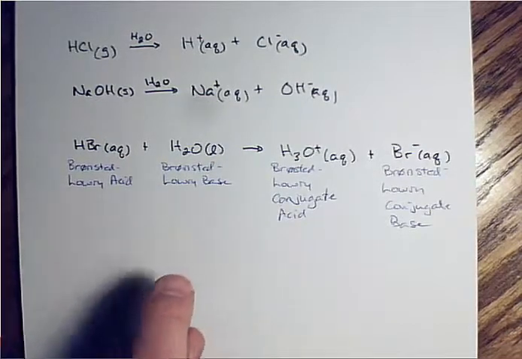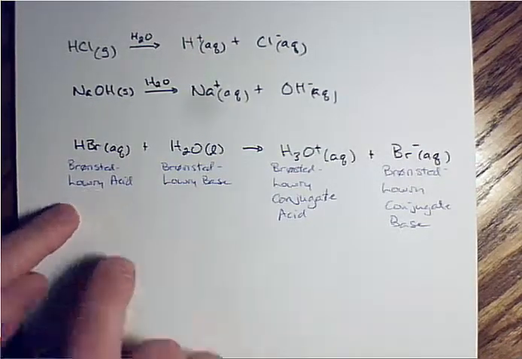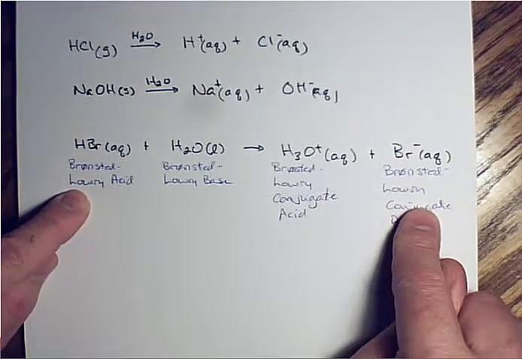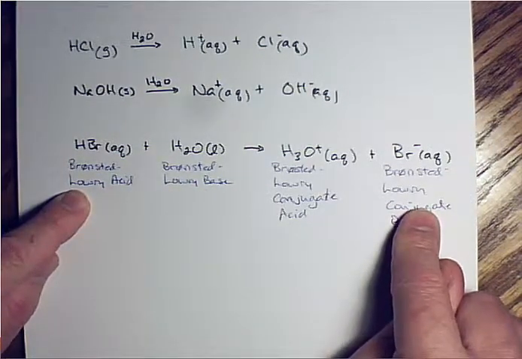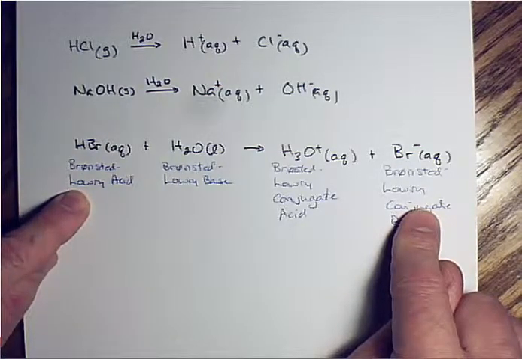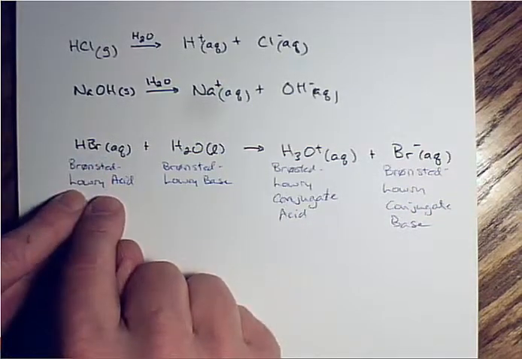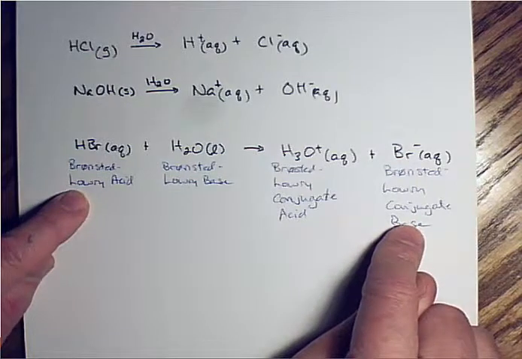So in the Bronsted-Lowry system, every acid has a conjugate base. The conjugate base is what you have when the hydrogen ion leaves. Okay? In the Bronsted-Lowry system, every acid has a conjugate base. The conjugate base is what you have when the hydrogen ion leaves.